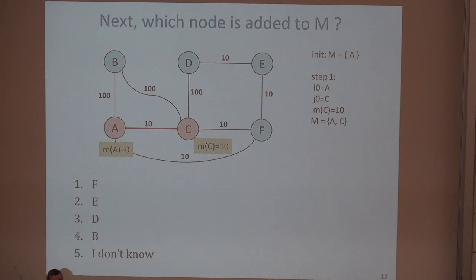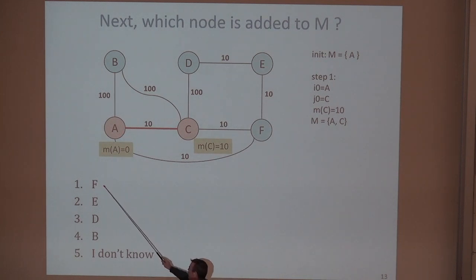Next iteration, which node will be added to the tree? I'm not sure this one works, but I've lost my control panel, so I don't know whether it works or not. So we will see. Doesn't work? Okay, good. So let's do it manually, which always works if everybody has hands. So who votes for 1?